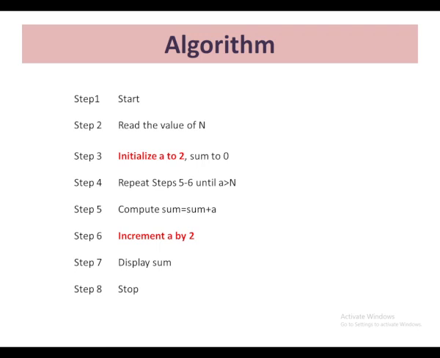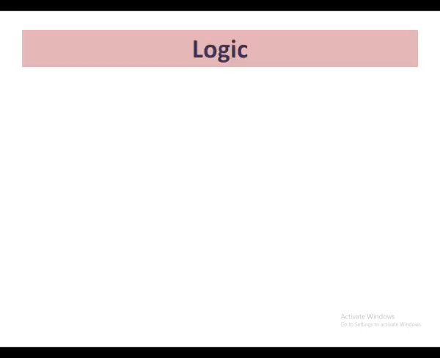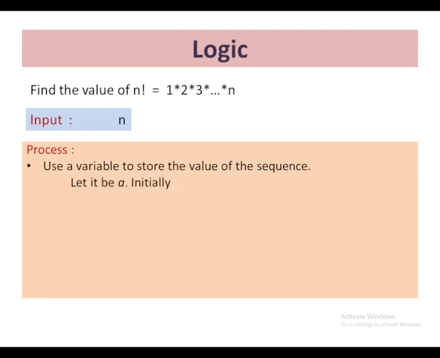That's it. Now a slight variation of this problem is that you can use it for finding the factorial of a number. Let us examine the logic. What is the factorial of n? It is 1 into 2 into up to n. Here also the input is n, and the process is you use a variable to store the value of the sequence, similarly.